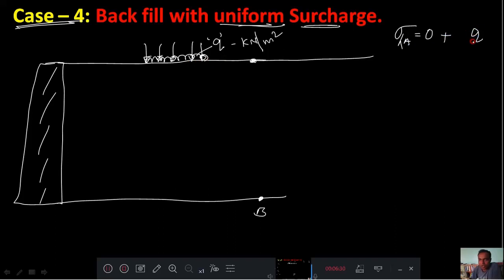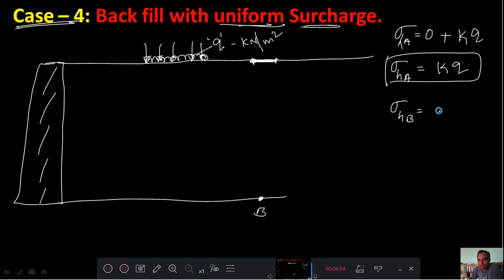is Q, and vertical stress we have to multiply K to that one. Therefore sigma h, horizontal stress at A, will be equal to K into Q. Here this time it is not 0. There is some stress here. Okay, and we will have some pressure here, that is your sigma h at B equal to K into vertical stress.